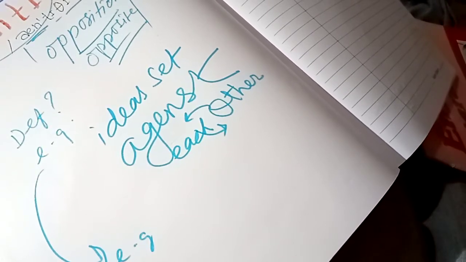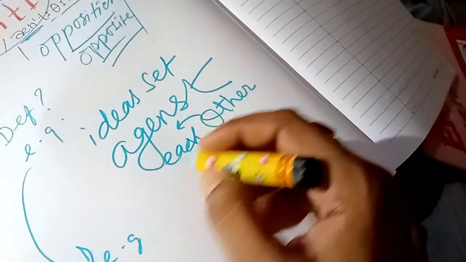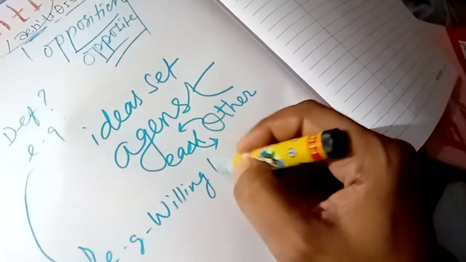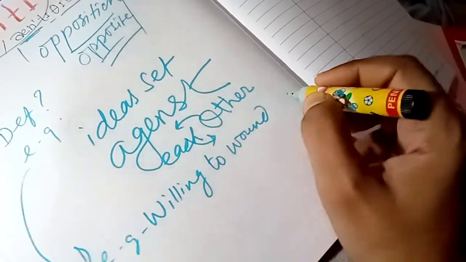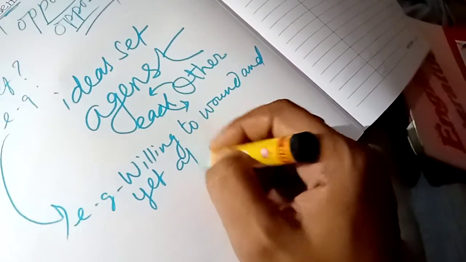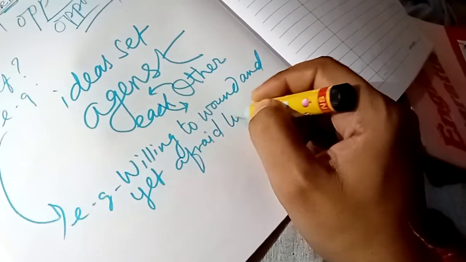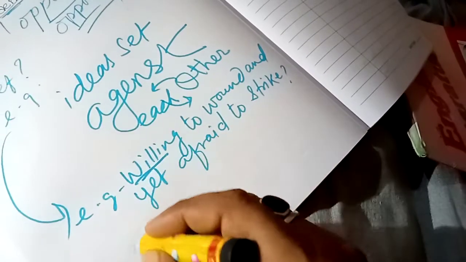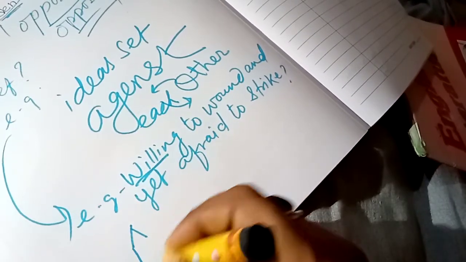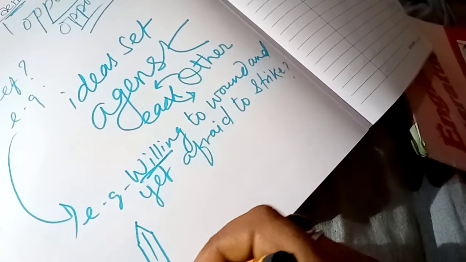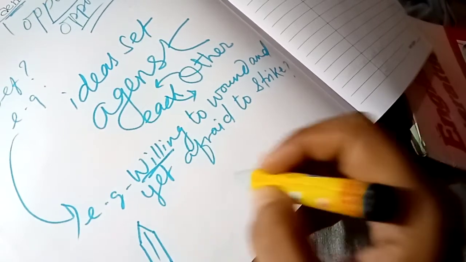So is an example required now? Okay, then antithesis example: willing to wound and yet afraid to strike. Is it possible that you will to wound someone, but you are afraid to strike?